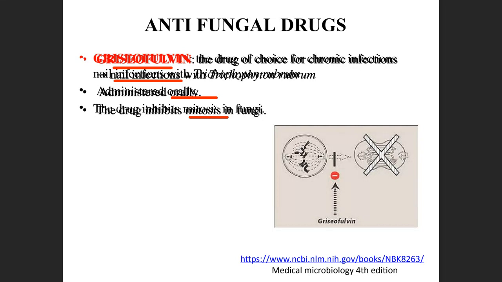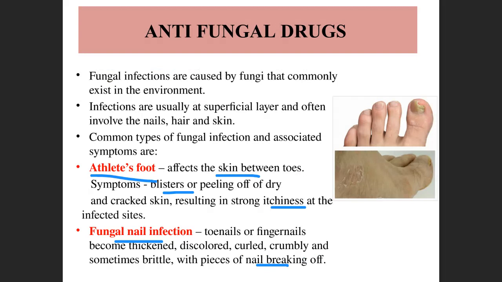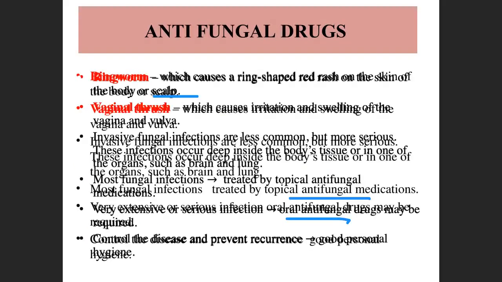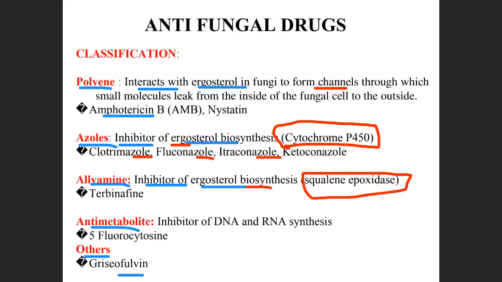So we have seen the important fungal infections. Then we have seen the classification and the mechanism of action, how these drugs inhibit ergosterol, what the importance of ergosterol is, and which category of medications inhibit which enzyme, ultimately leading to the inhibition of ergosterol.